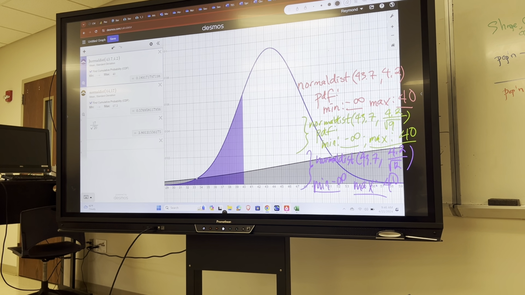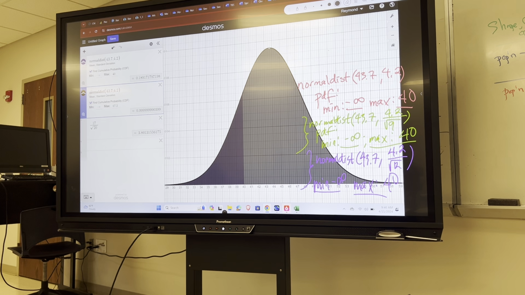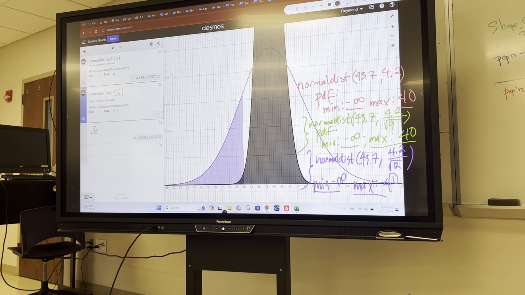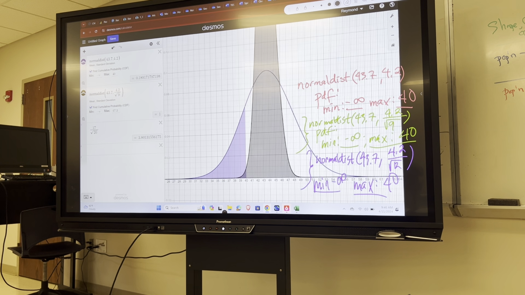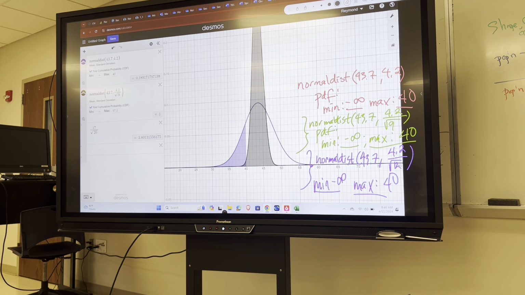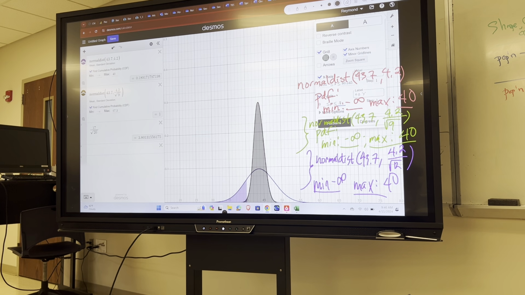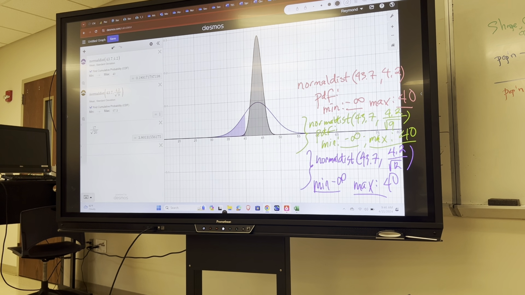Now, I'm just going to copy this, put it in here on the second one, and then divide 4.2 by the square root of 9. So that is the one in black in here. I'm going to change this y to something we can visually see, 0.5.